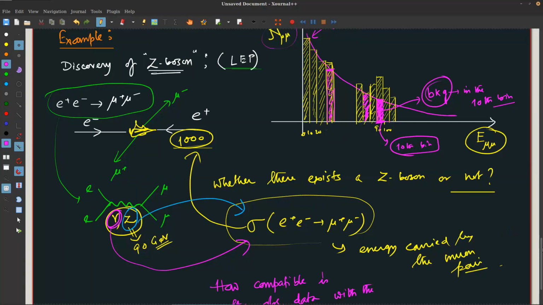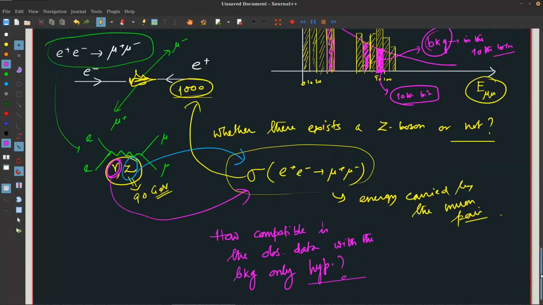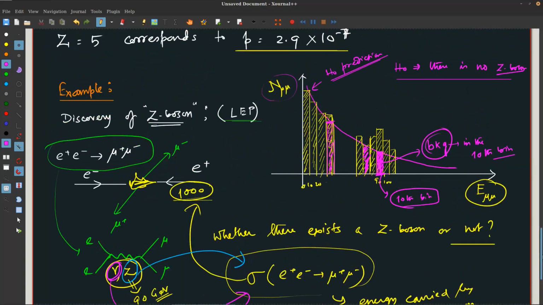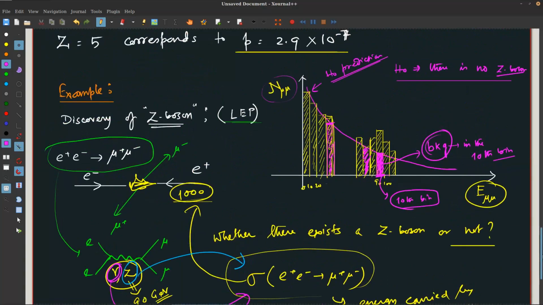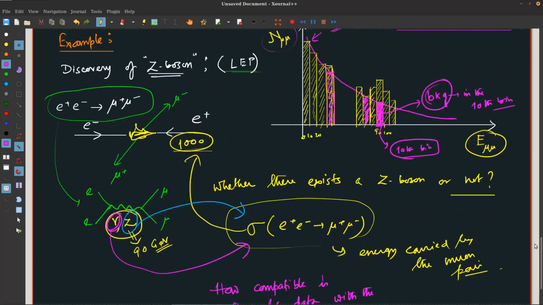Yeah, I am choosing this data because this data is particularly clean. This e plus e minus collider data are really clean. Okay. Now let me plug in some numbers, some fun numbers that we want to play with. Suppose the average number of background events that I have predicted, I call this nu b. That was 0.5.